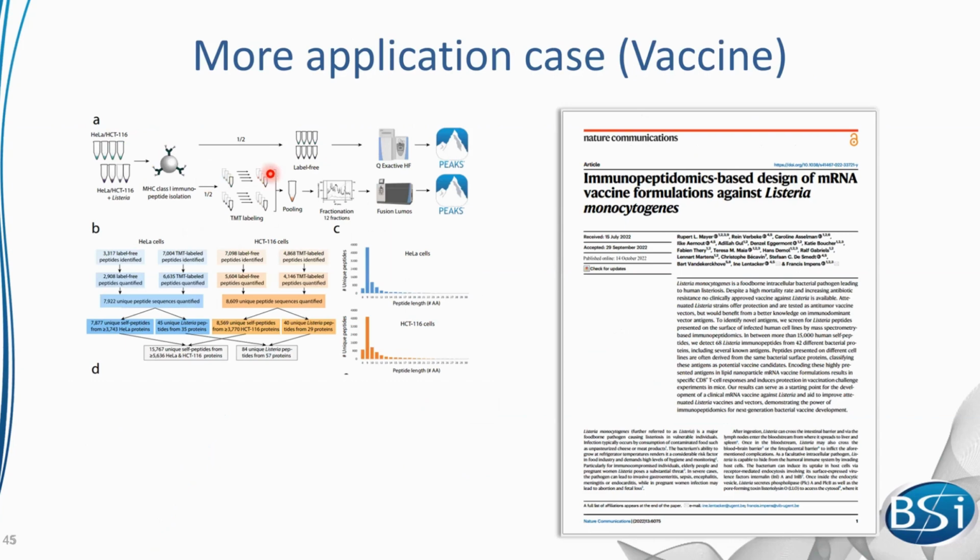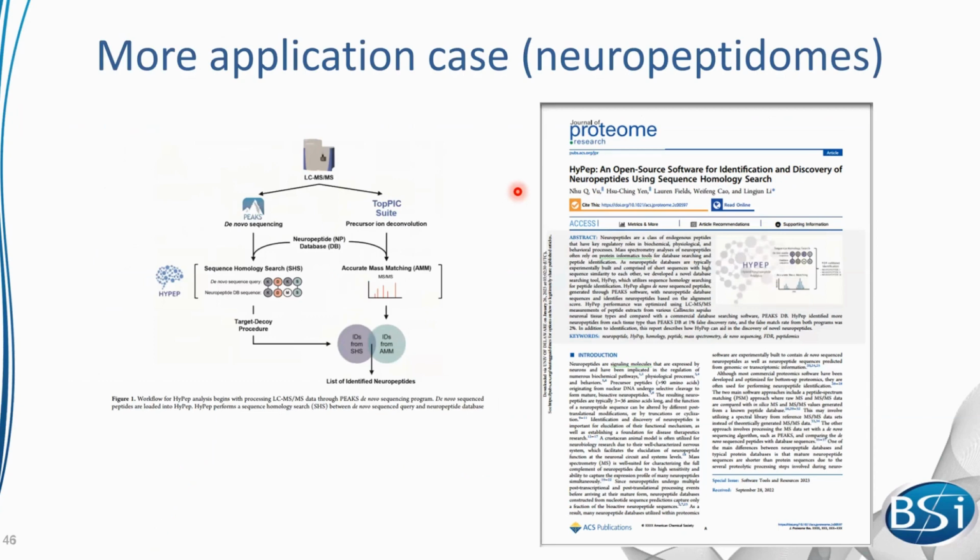And also in research from Germany, they use PICS to help develop mRNA vaccines based on the immunopeptide data. And from academia, there is a new paper from the US, from the Wisconsin Medicine.